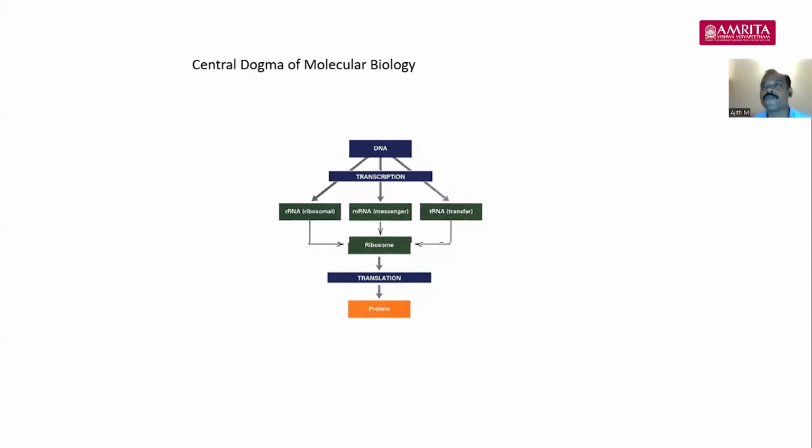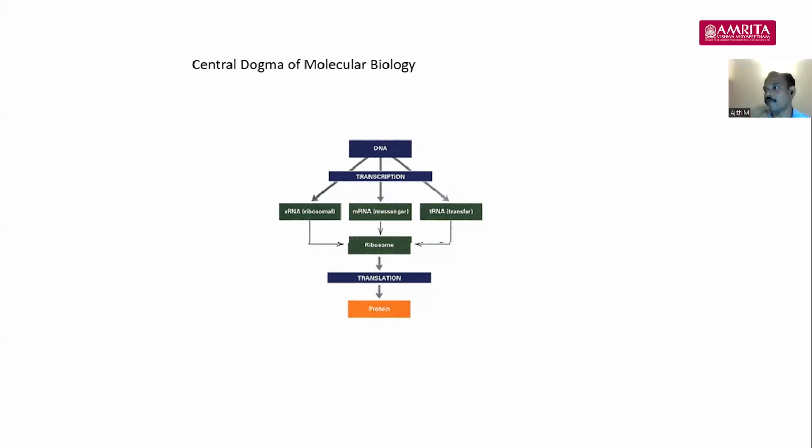So if you consider the flow of information from DNA, which is a nucleic acid, to another, a sister nucleic acid, I would say, RNA, that is transcription. The flow of information in the reverse is called reverse transcription. Certain viruses do that. Retroviruses, you call them, including your HIV and so on.